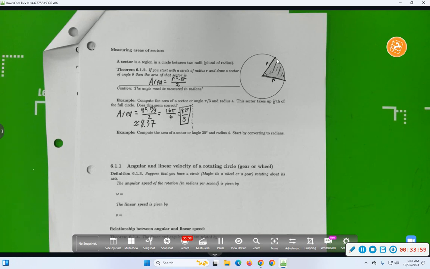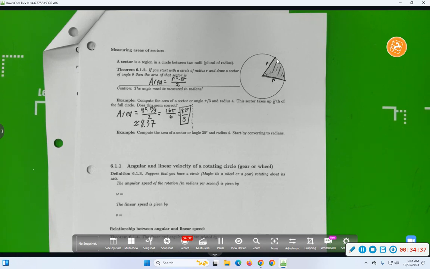Let's also do this another way. There are 2 pi radians in the full circle. So pi over 3 radians will be 1/6 of the full circle. So let's try to do this using that idea instead, just to see if the formula works out correctly. What's the area of a circle? This is definitely just to see how well people remember their previous geometry class. Just pi r squared.